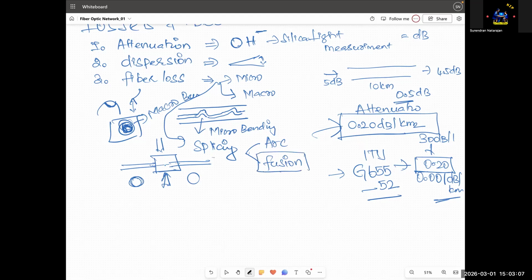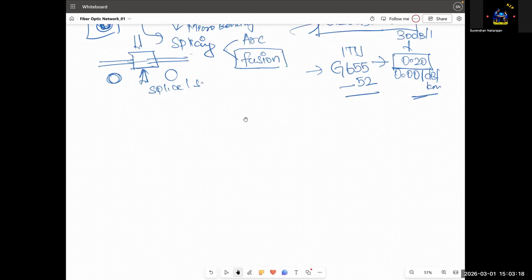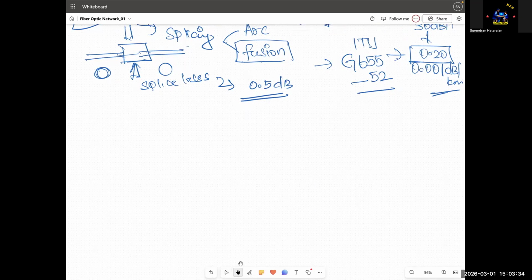Even though you melt it and join it, there will be some losses. This loss is called splice loss. The ITU recommended each splice loss should not be more than 0.1 dB.